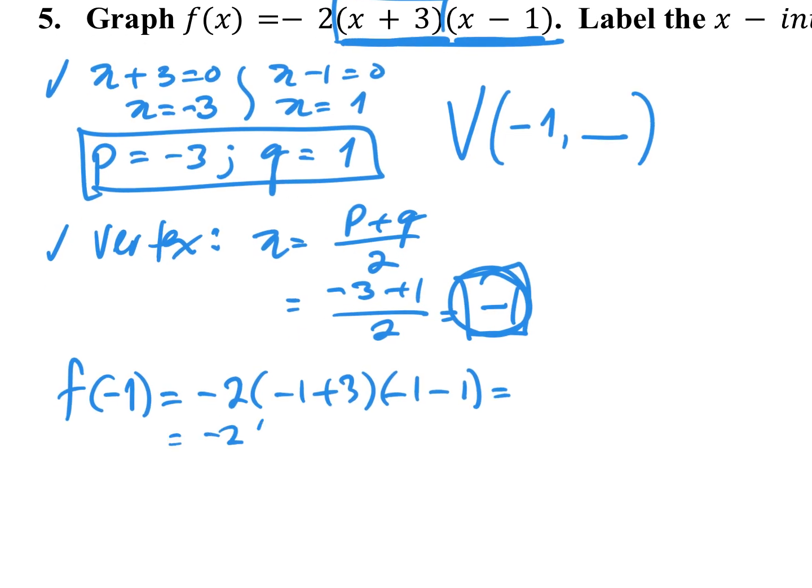Negative 1 plus 3 is 2, and then multiplied by negative 1 minus 1, which is negative 2. Negative 2 times 2 times negative 2 is going to give us 8. So the y coordinate of my vertex is 8. Now I found my vertex. It is located at negative 1, 8.